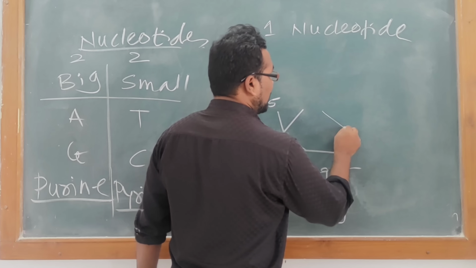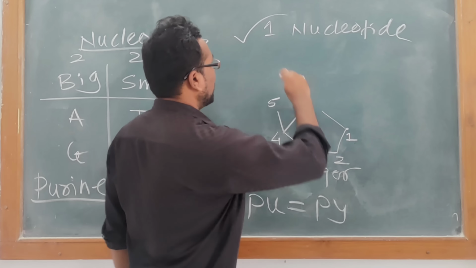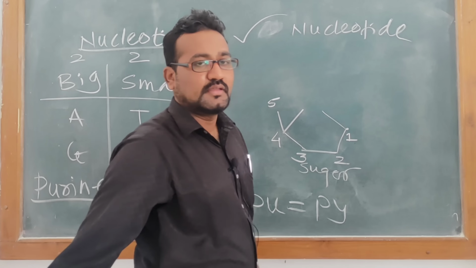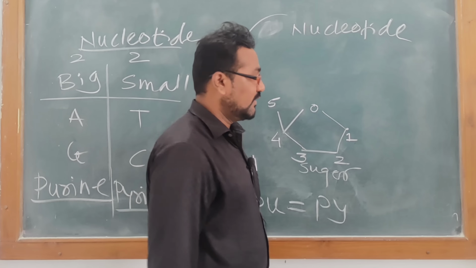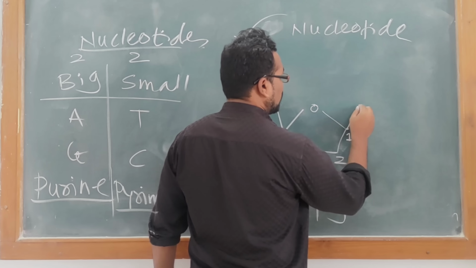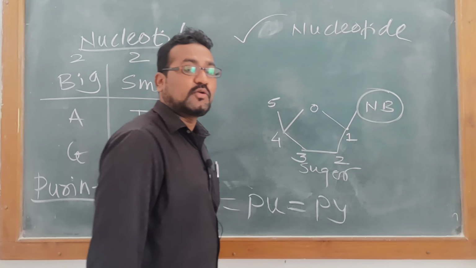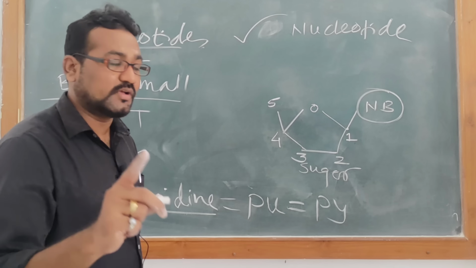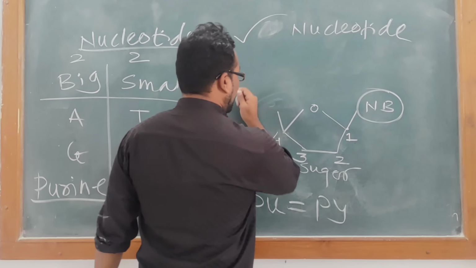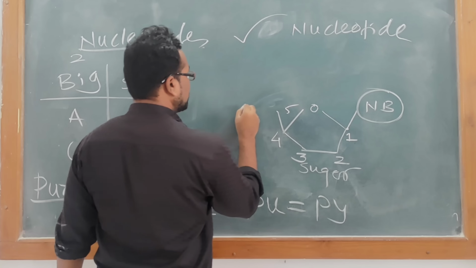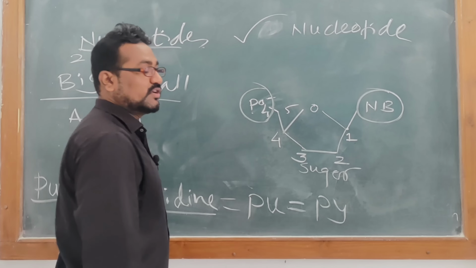Remember, we are talking about the structure of one nucleotide, or any nucleotide you can say. In a nucleotide you have this sugar, and oxygen is present here. At carbon number 1 you will always have a nitrogen base attached, and at carbon number 5 you will always have a phosphate group attached.